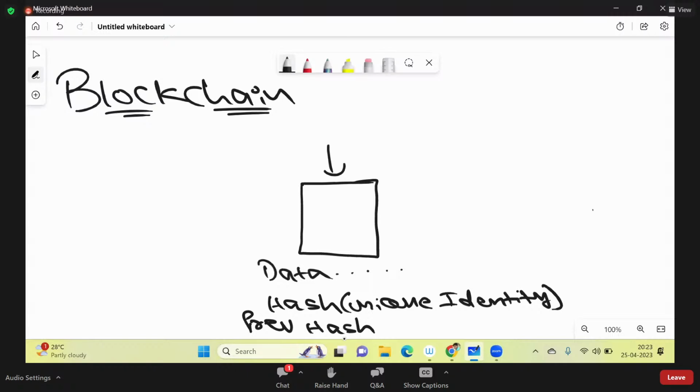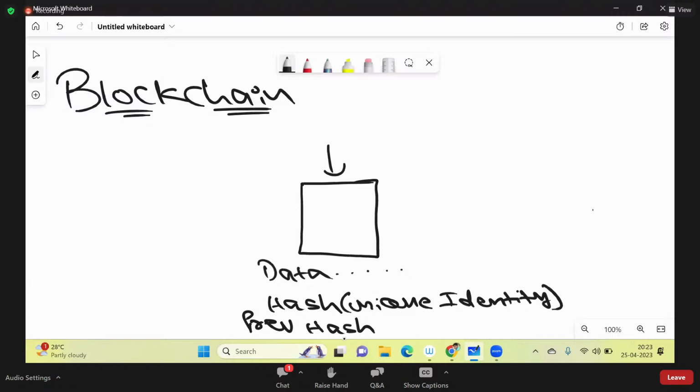These are interlinked in such a way that if anybody wants to come and tamper with any of the blocks, you are not giving them only one block to tamper with. If you want to break anything, not only the corresponding block, you have to break everything connected to it. So you are making the attacker's life difficult.